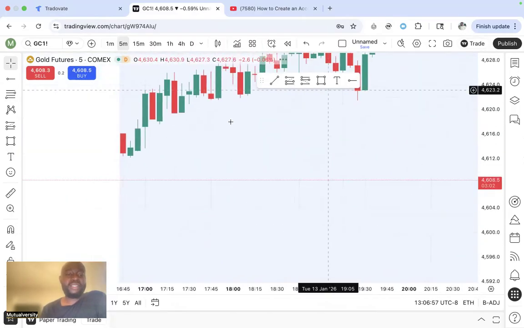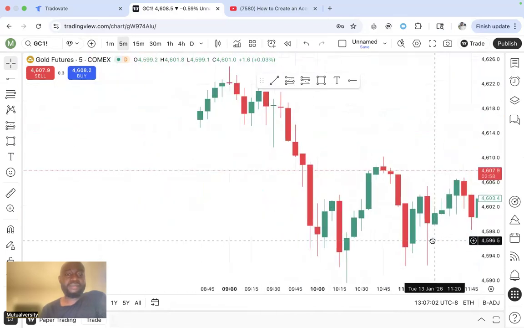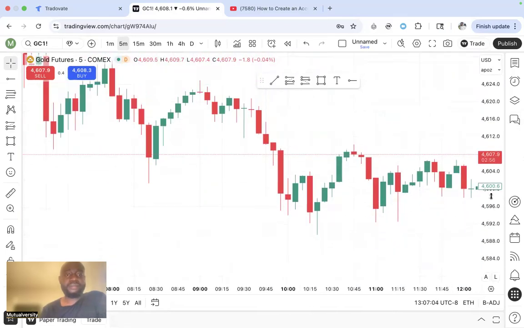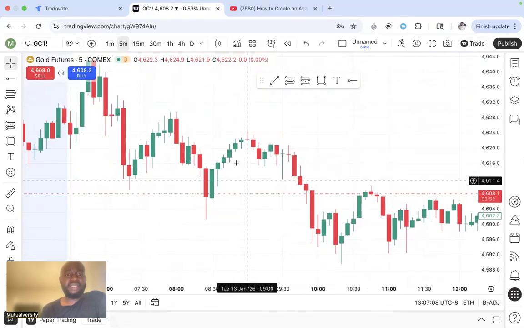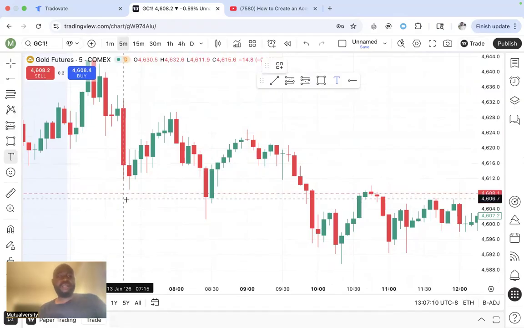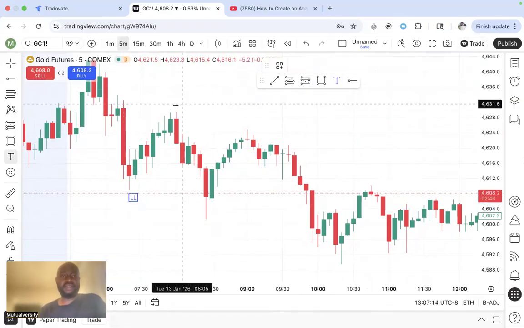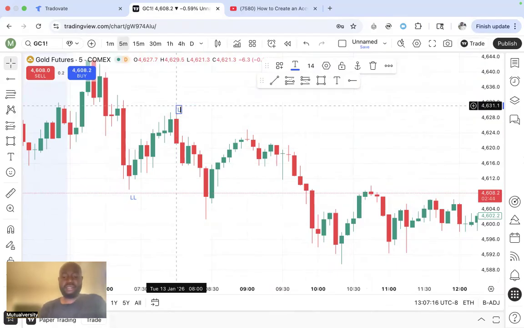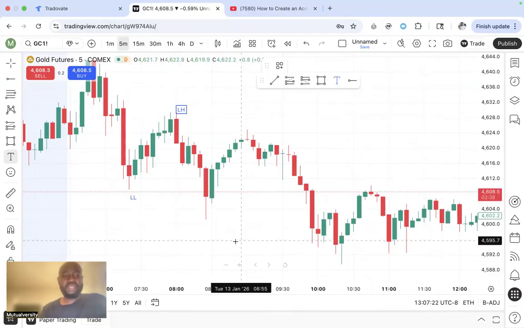Now, in a downtrend, let's find the downtrend quickly. This is a quick downtrend right here. We have a lower low here, a lower high, and then a lower low because it's lower than the previous low.